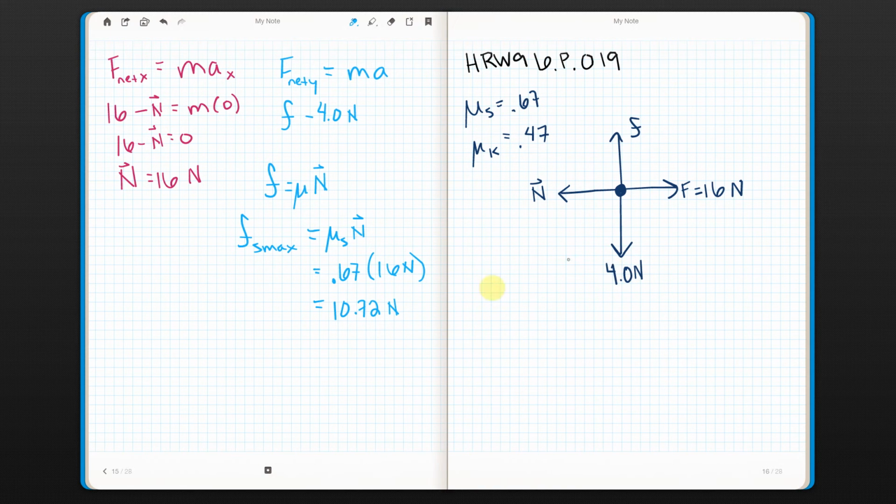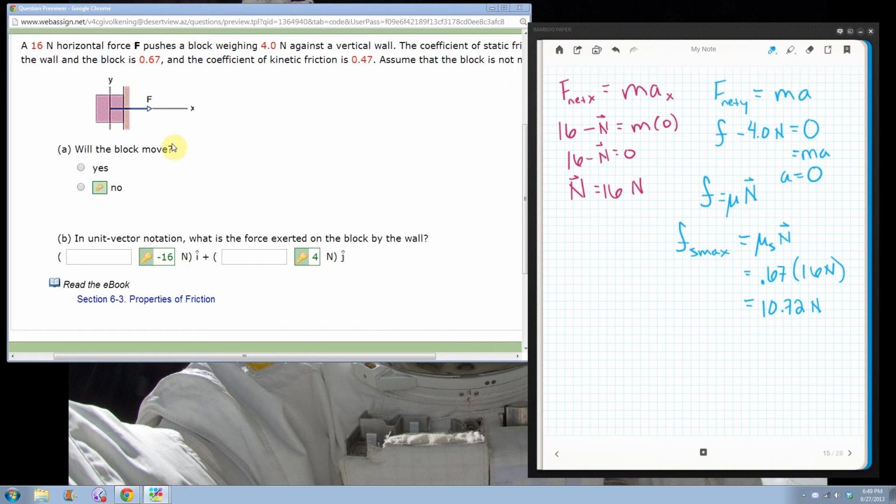So I'm not even going to reach my maximum. Basically, the static friction is going to be exactly enough to keep my block from falling. It could go up to 10.72, so 4 is well within the limits. That means the acceleration must be 0. So this block is not going to move. It is staying there.